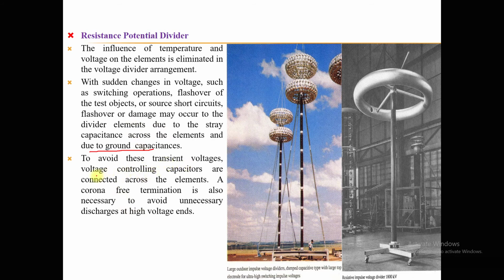To avoid this transient voltage, voltage controlling capacitors are connected across each of the elements so that they allow uniform distribution of the potential across every element of the resistance potential divider. Another option is a corona free termination, to avoid unnecessary discharge at the high voltage ends. Here you can see the corona ring.